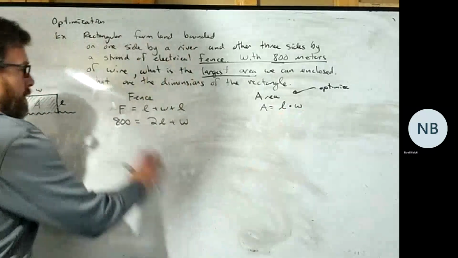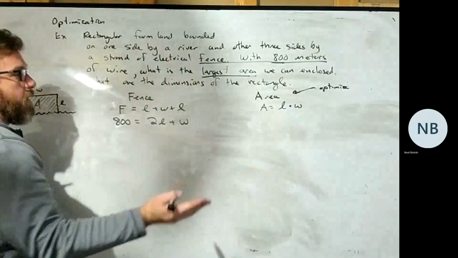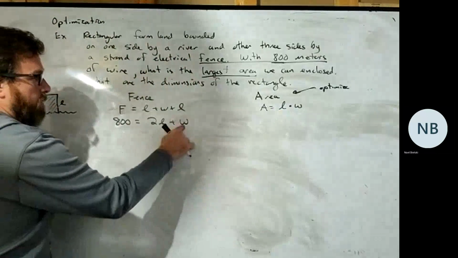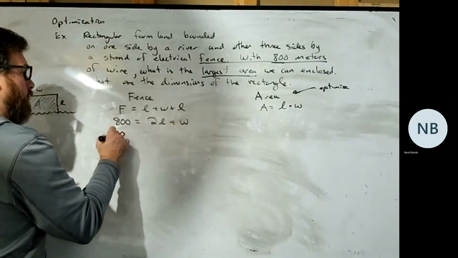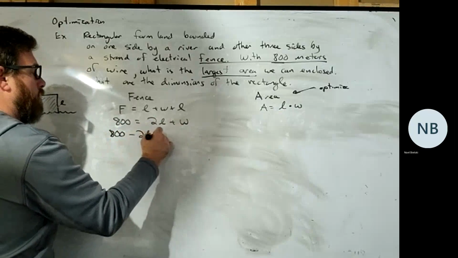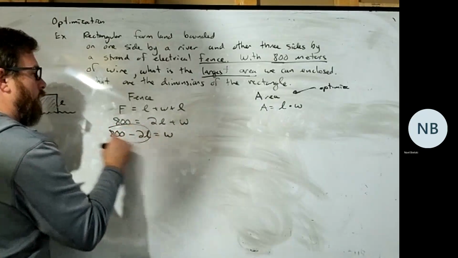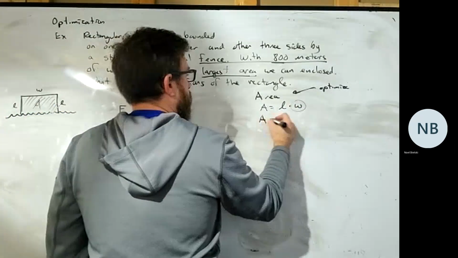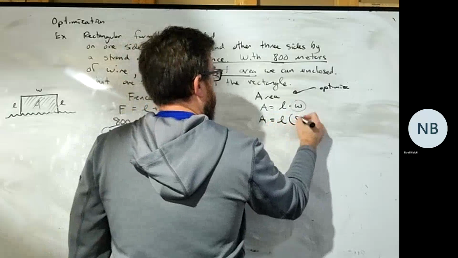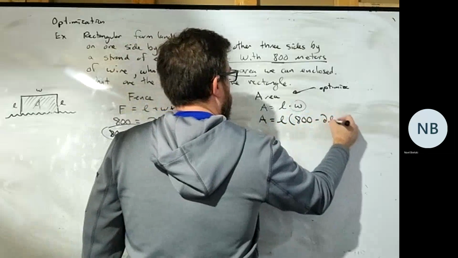So what I'm going to do is look at this equation and say, well, what's the easiest letter to solve for? Well, W here. So I can say 800 minus 2L is going to be equal to W. And now I can plug that into the W. So the area is going to be equal to L multiplied by 800 minus 2L.